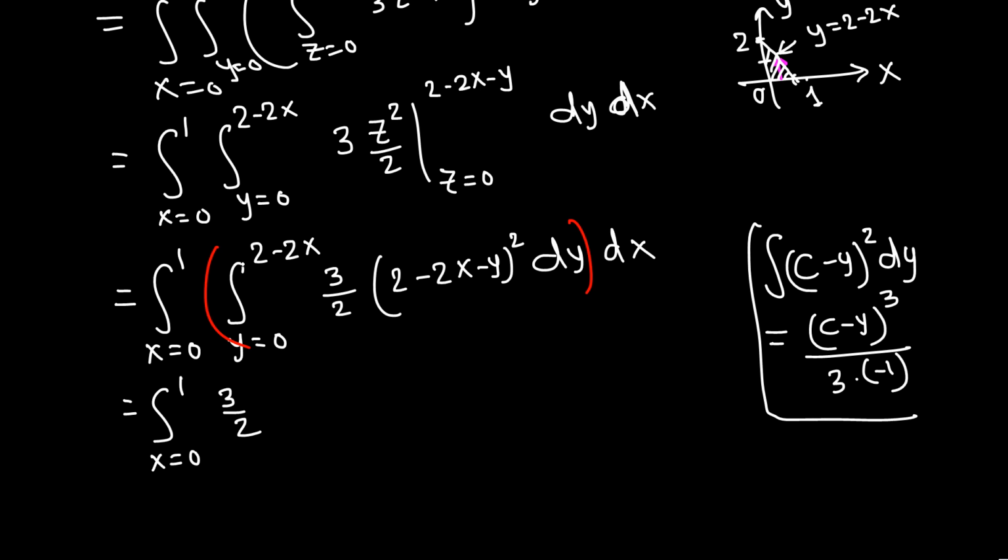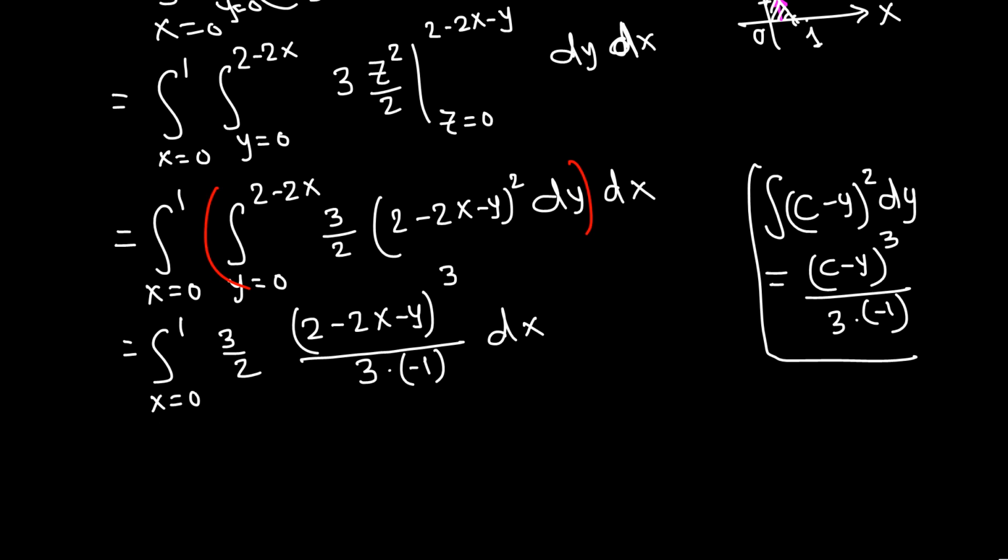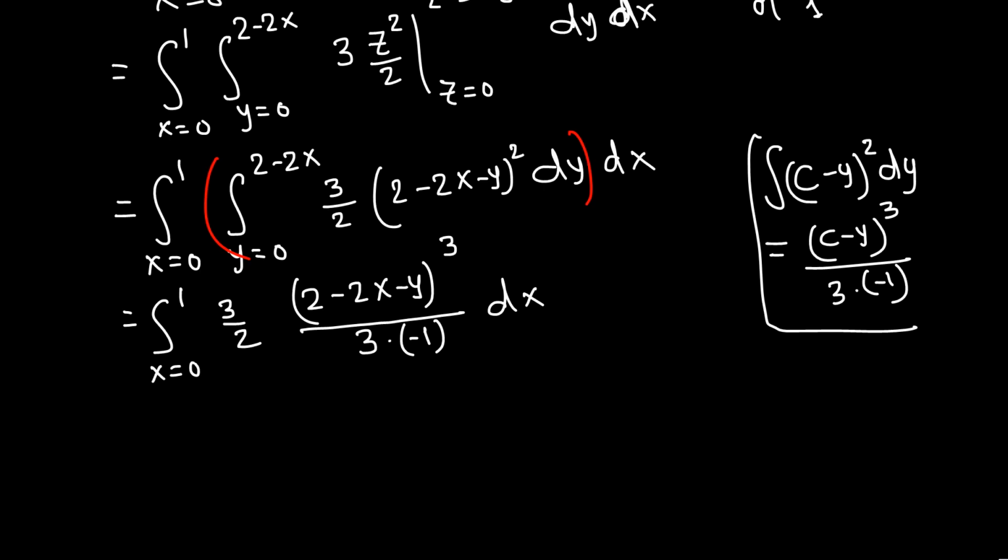So the integral of this with respect to y is 2 minus 2x minus y, power rule, 2 plus 1, 3, divided by 3, but the coefficient of y is negative 1, so we need to divide by that as well, negative 1, and dx. Okay, now we can cancel these two, and 2 times negative 1 is negative 2, we can pull negative 1/2 all the way outside.